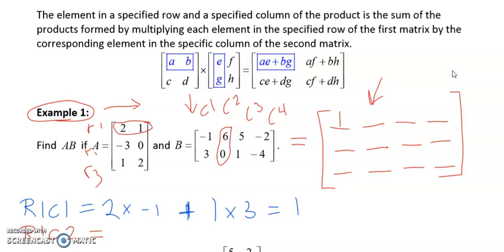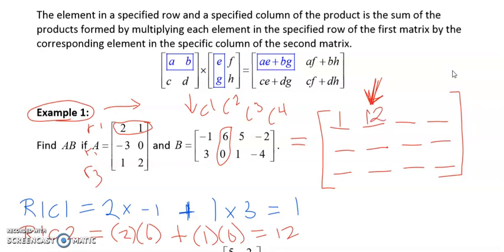So 2 multiplied by 6 plus 1 multiplied by 0 would give you this number there. Sometimes you might better use brackets. 2 multiplied by 6 plus 1 multiplied by 0. I think that's a 12. So 12 goes right there.